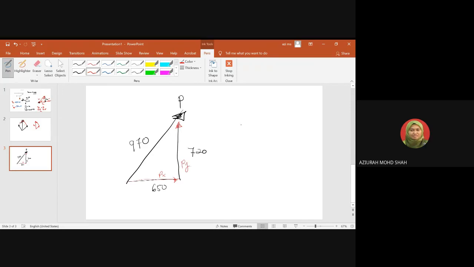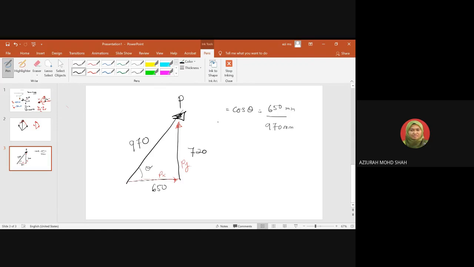Okay, so we know that the P, okay, katalah ni last je saya tunjuk. Yang di dalam kelas lah, last saya tunjuk. Okay, so if this is theta, then cos theta will be equal to 650 mm divided with 970 mm.